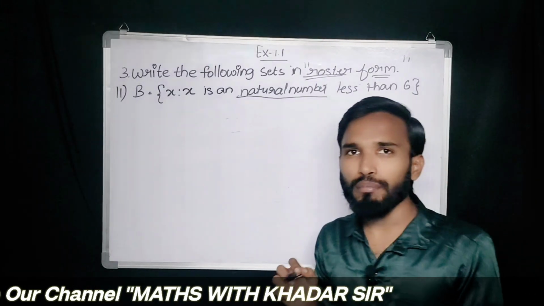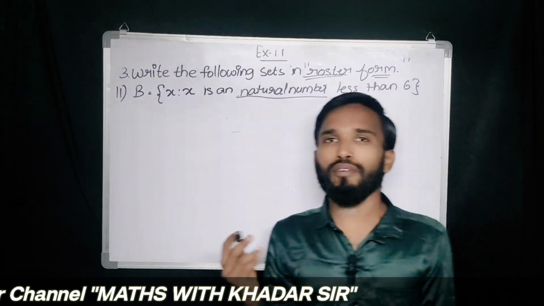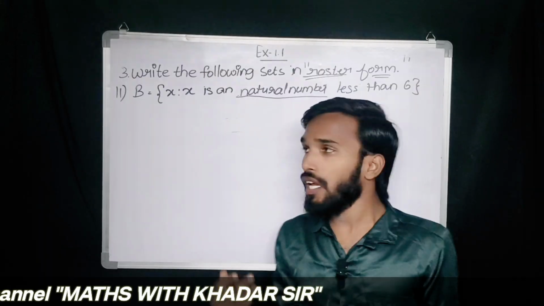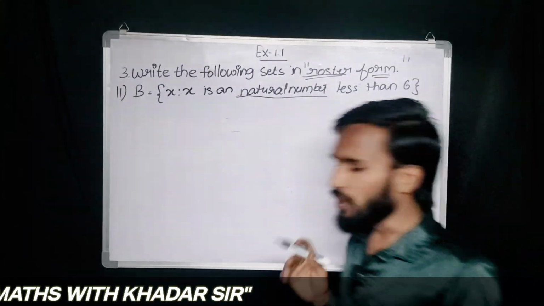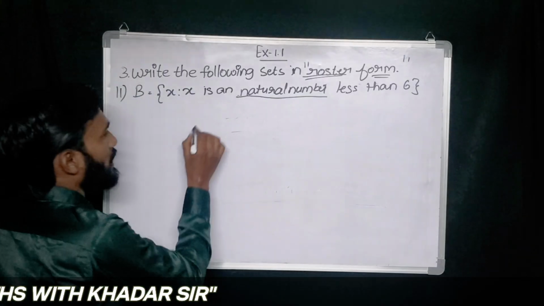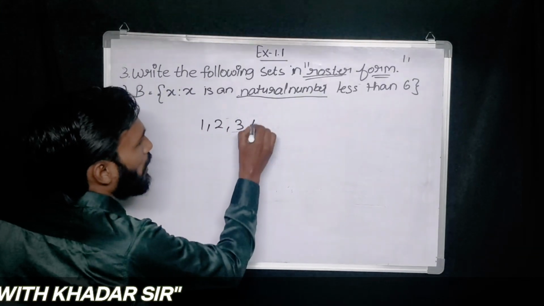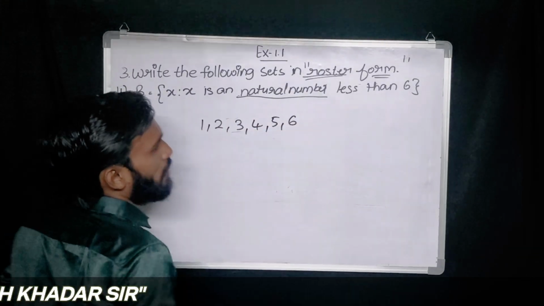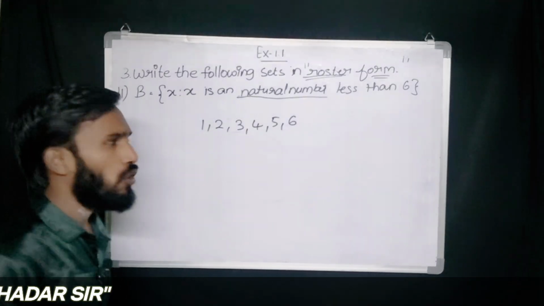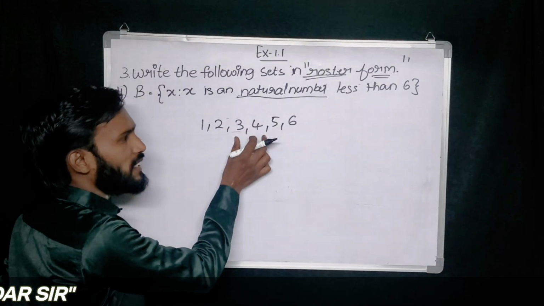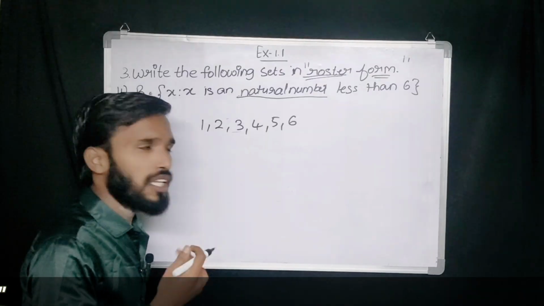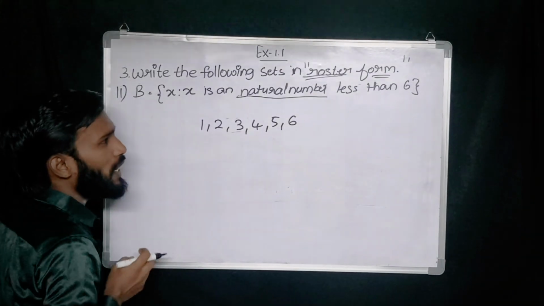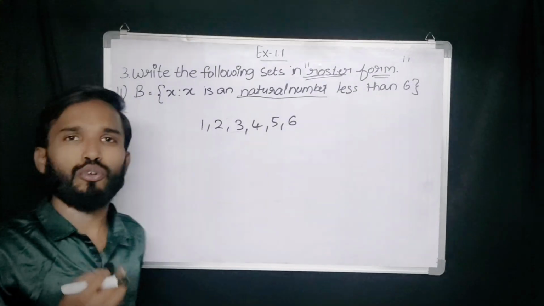What are natural numbers? Nothing but the counting numbers 1, 2, 3, 4, up to infinity. But the natural numbers should be less than 6. So what are the natural numbers less than 6? 1, 2, 3, 4, 5. These are the required elements to form the roster form. What is the condition of roster form?